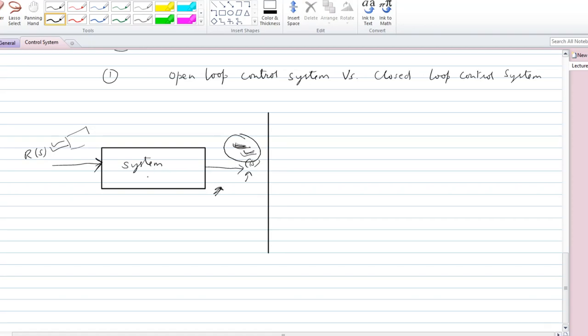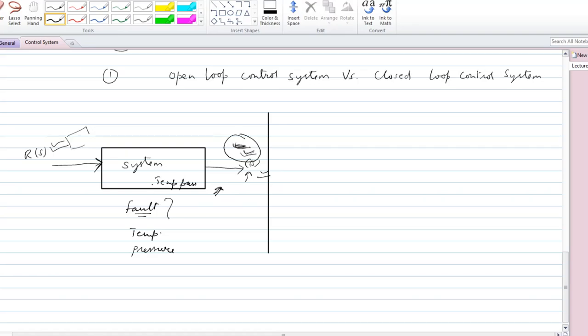Now suppose there is a change in the system due to temperature or pressure, this output will change. In this way you can say that this system is not reliable itself. Let us suppose some fault occurs in this case, some temperature change occurs, some pressure change occurs in this system.